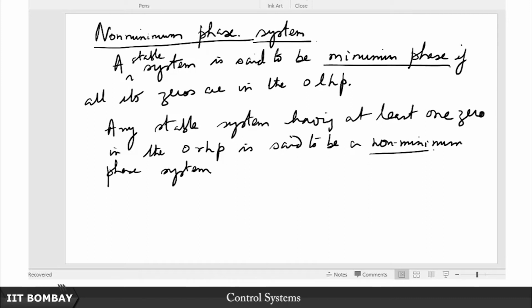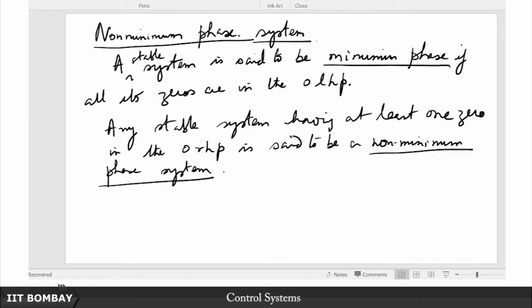So, in some sense you see they are complementary. If a system is not of minimum phase, it is non-minimum phase. In other words, even if one of the zeros of the system happens to be on the right half plane, then it no longer qualifies as a minimum phase system, then it is called a non-minimum phase system.